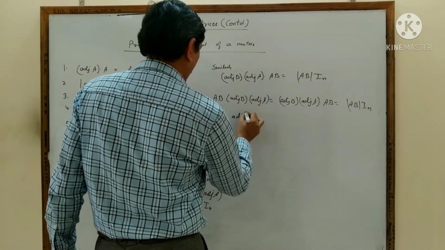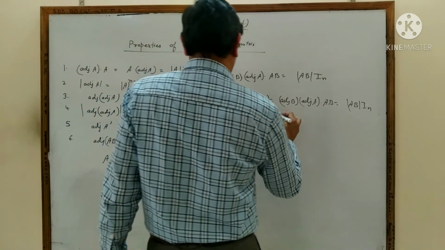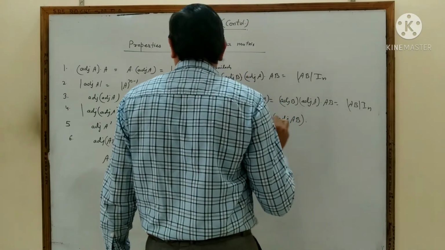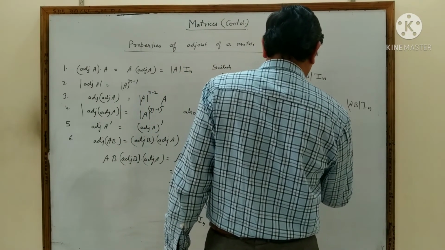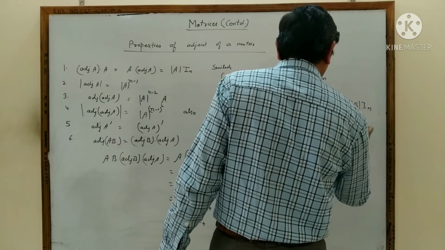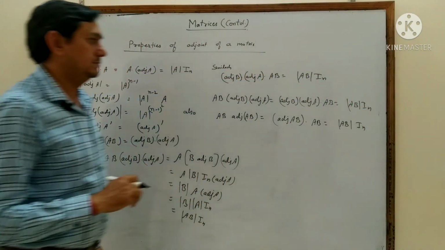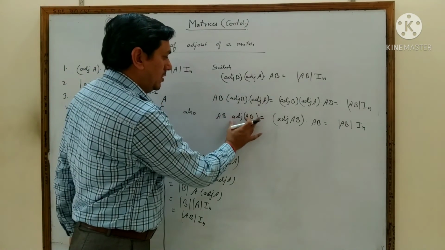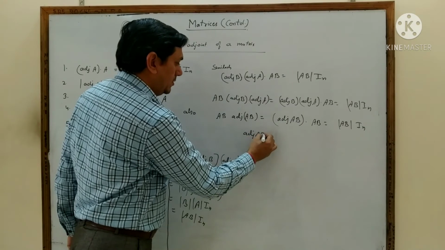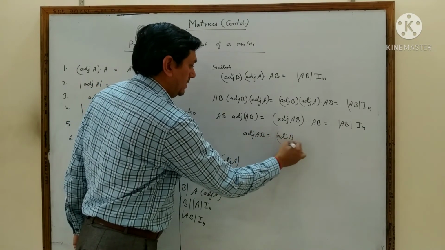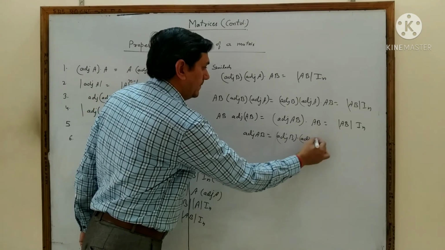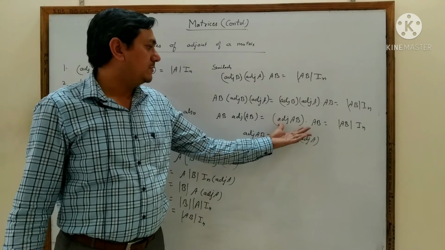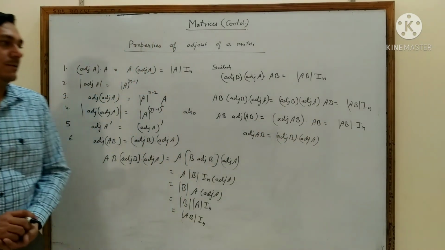Adjoint of AB multiplied by AB is equal to determinant of AB times I n. Now what do you observe? That adjoint of AB is in place of adjoint of B multiplied by adjoint of A. So adjoint of AB is equal to adjoint of B multiplied by adjoint of A, and we can conclude it from the middle portion also. Adjoint of AB is equal to adjoint of B multiplied by adjoint of A.